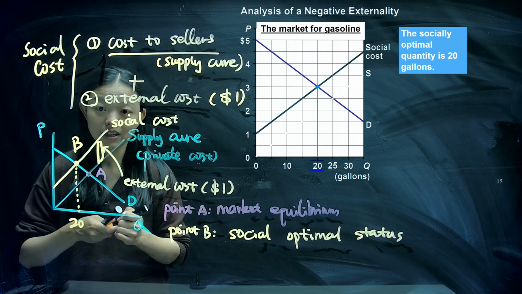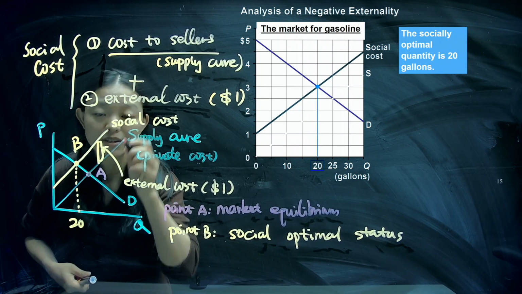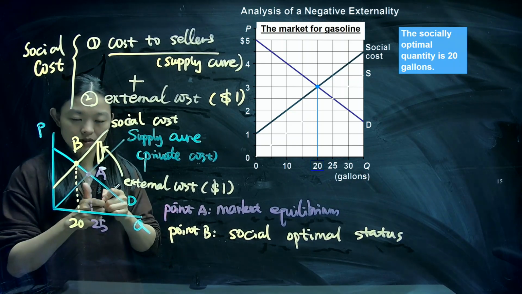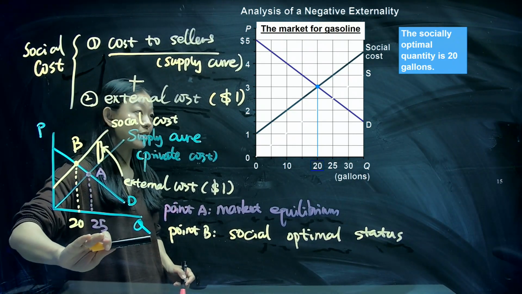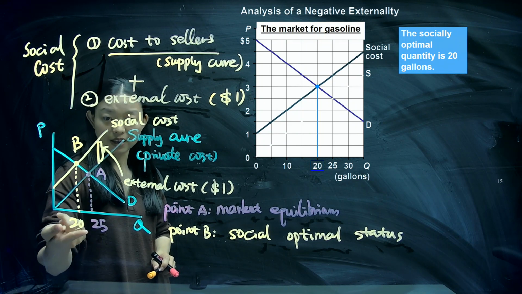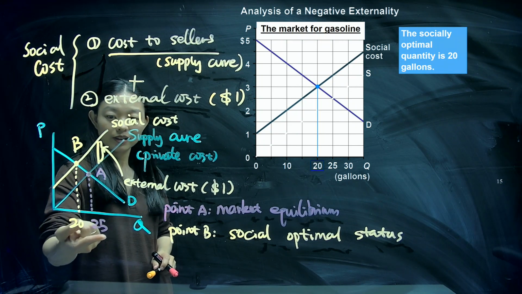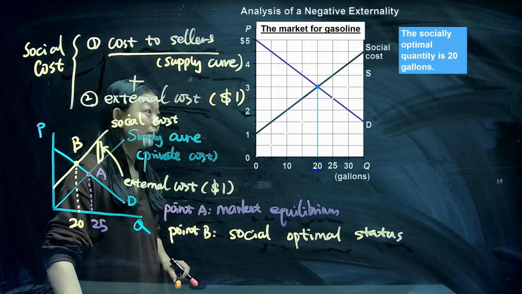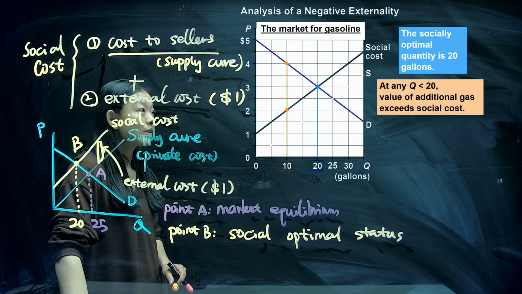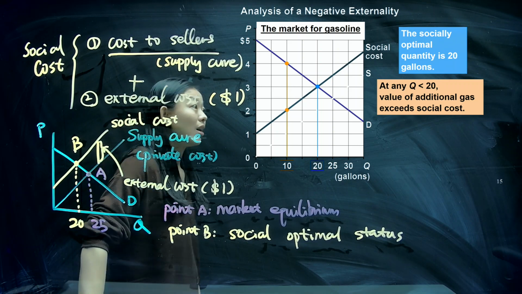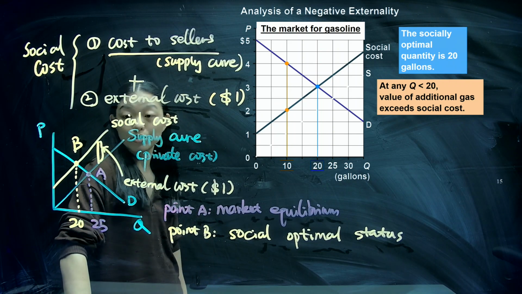Without considering the external cost, we will have 25 gallons. However, after we consider the external cost, the gasoline quantity will decrease to 20. At any quantity less than 20, the value of the additional gas will exceed the social cost.